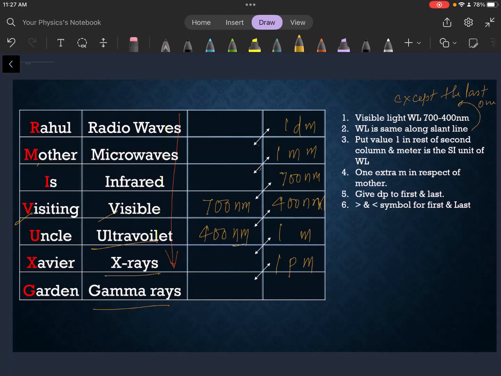In the ultraviolet region, you see 400 nanometer, so you put nanometer in the second column also.